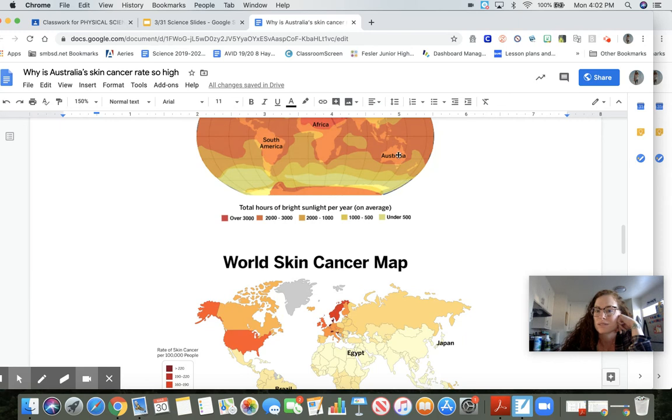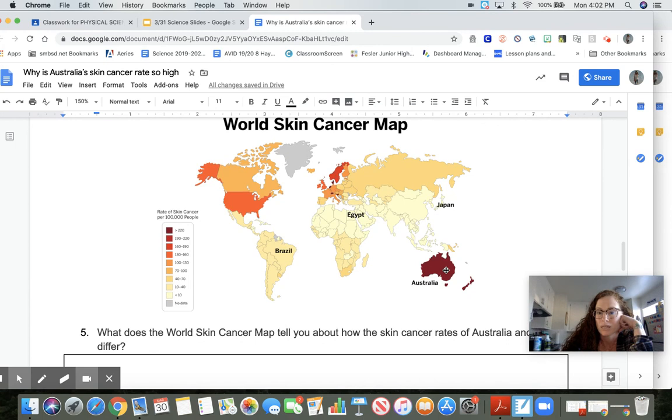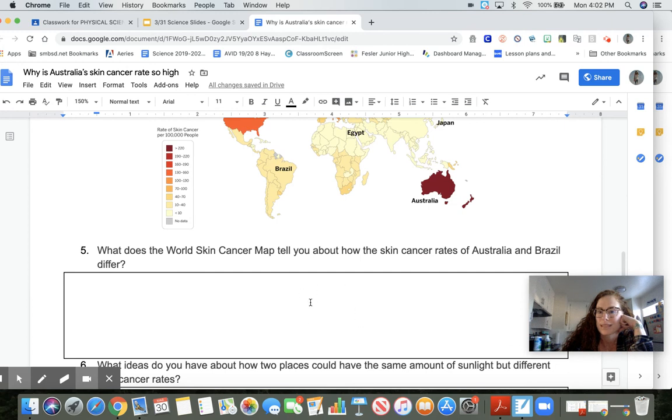One thing we notice is Australia and Brazil are the same color up here on this map, so they're showing that they get the same amount of sunlight, about 2,000 to 3,000 hours of bright sunlight a year. They're getting about the same, but Australia has way more skin cancer than Brazil. That's what you need to explain in this box.